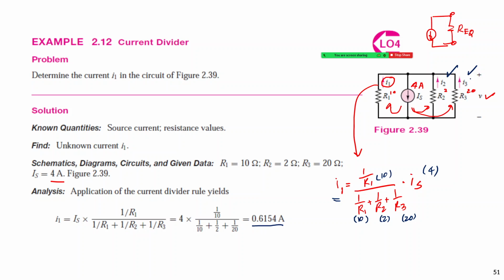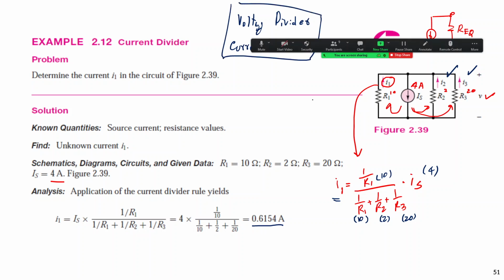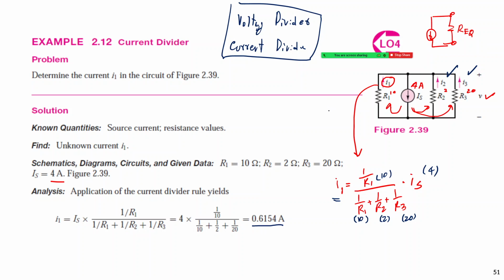So now we know about voltage divider and current divider. Instead of using Ohm's law, you can use the voltage divider or current divider rule as well. Or if you cannot remember voltage divider and current divider, you can still use Ohm's law to compute the current flow to each branch also.